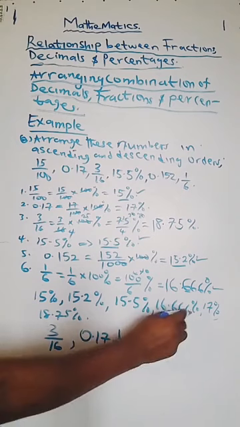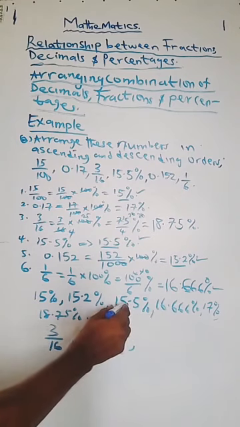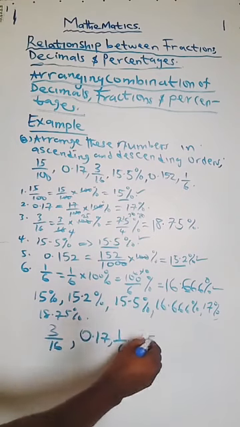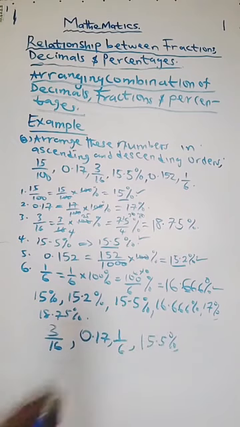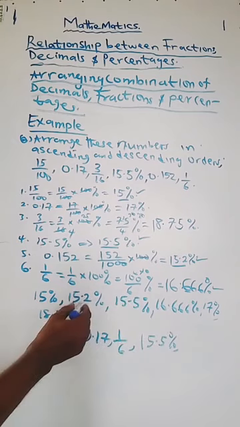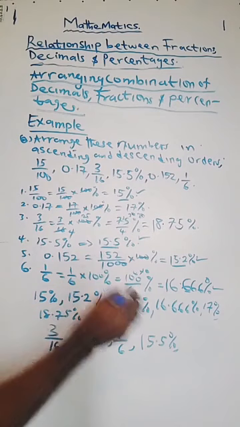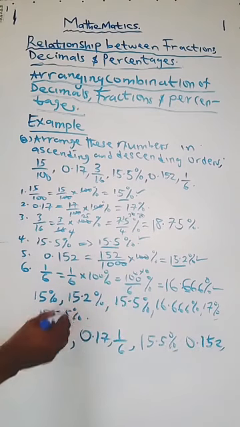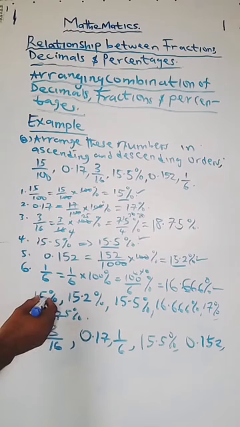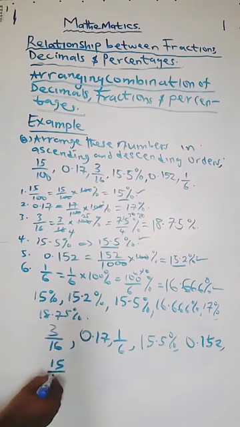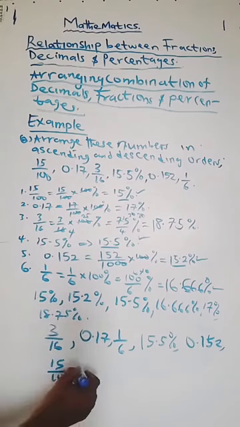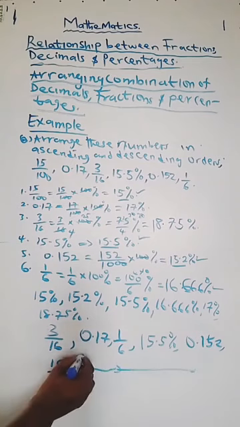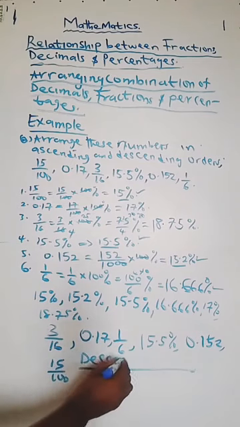Then 15.5%. We already have that one. It has been given like that. Then which number has 15.2%? That is 0.152. Then which number has 15%? That is 15 over 100. So this is the descending order.